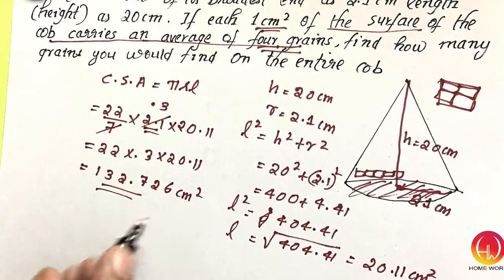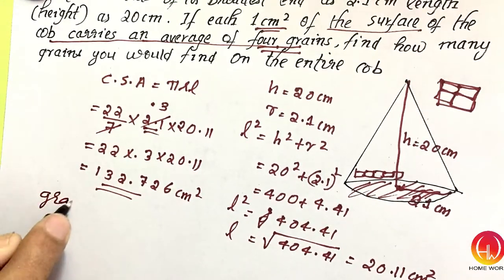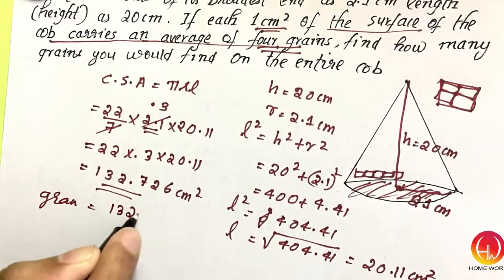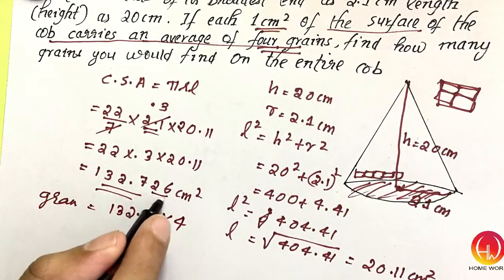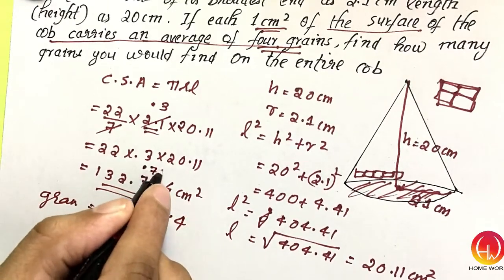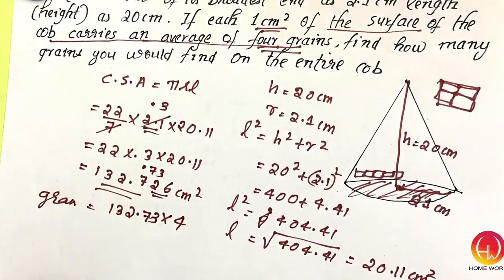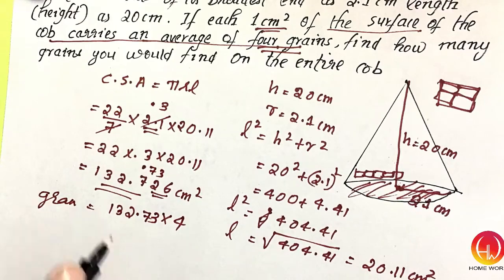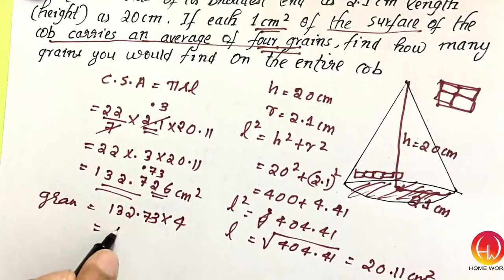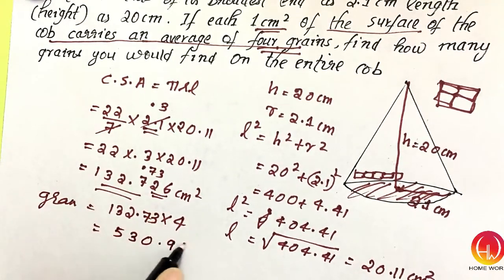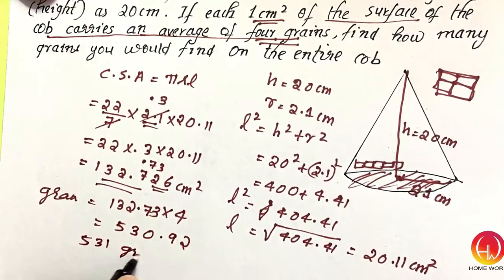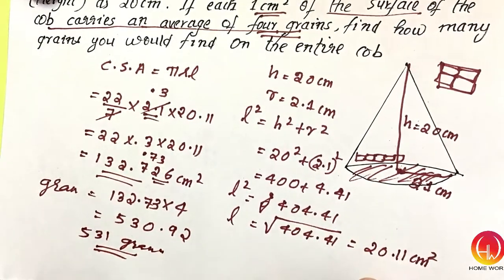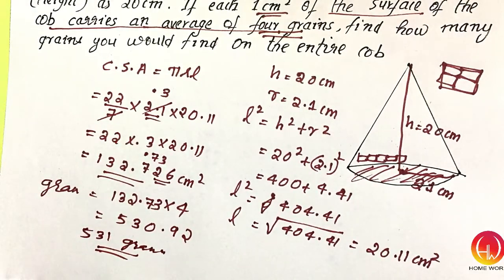Then total number of grains equal to 132.7 into 4. 132.726 we can round off to 132.73. 132.73 into 4 equal to 530.92 or approximately 531 grains. Okay, here in this cone we can see 531 grains.